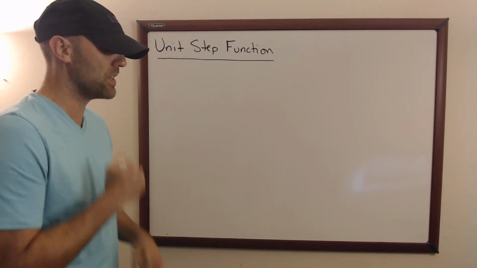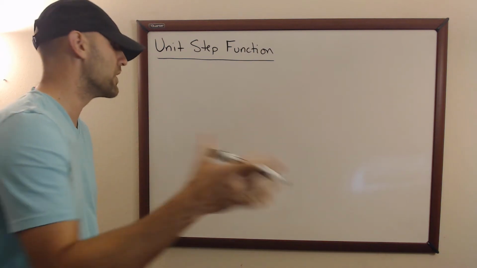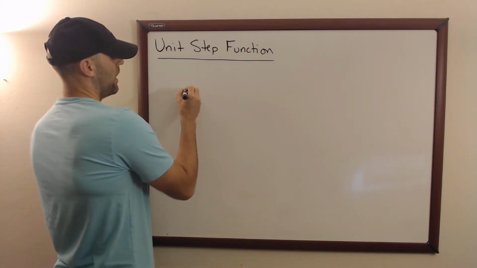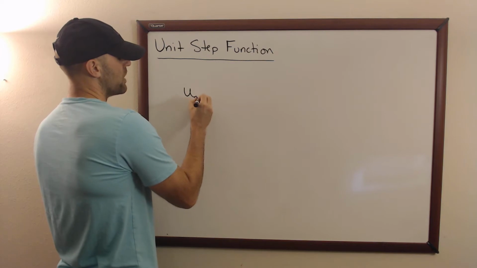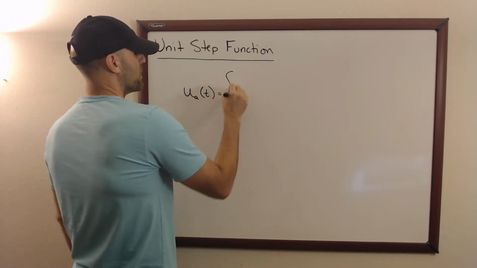So let me tell you what the unit step function is. There's many ways to notate this, but the one your book uses notates the unit step function as u sub a of t, and this is a piecewise function.